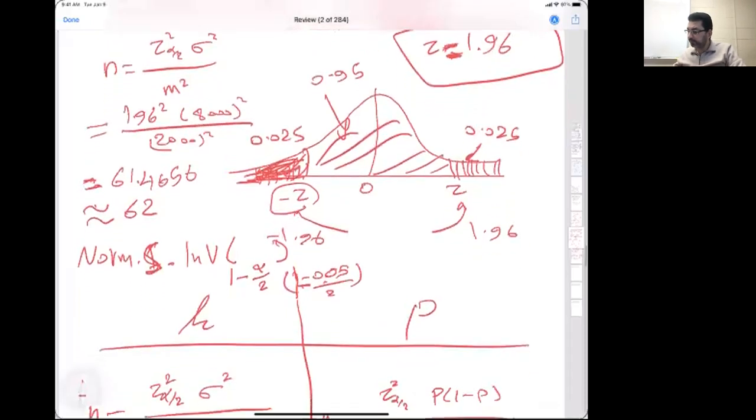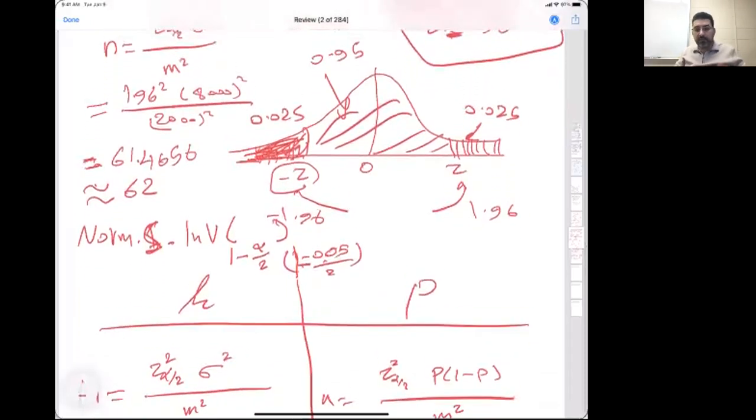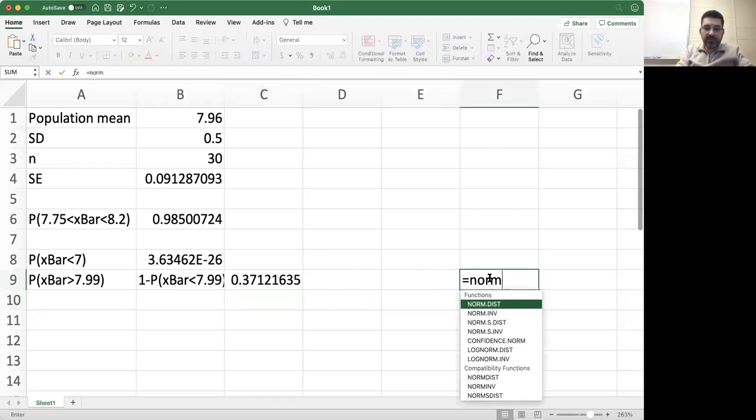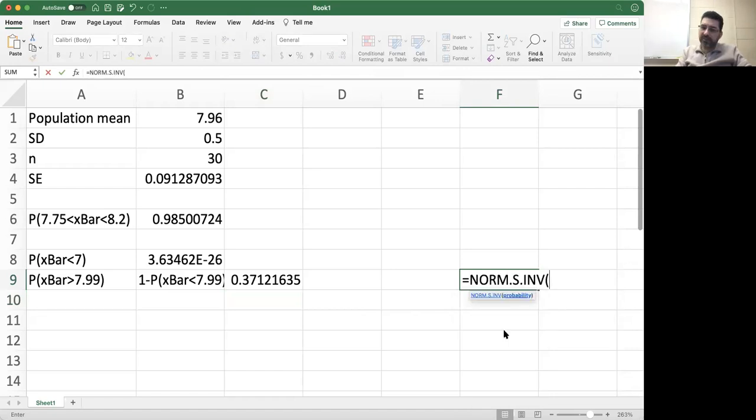Okay, just let me show you how to find Z with Excel from the normal distribution. So Excel is here. I just said to you, you can use NORM.S.INV. Yes, it's correct. And here you will put the probability.